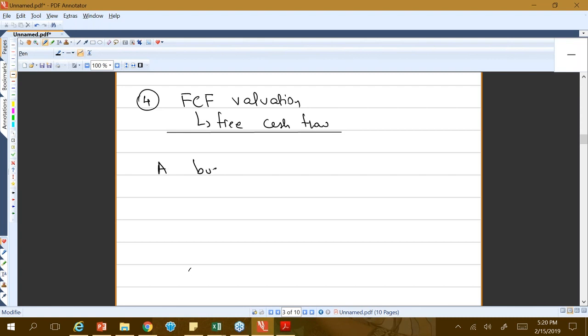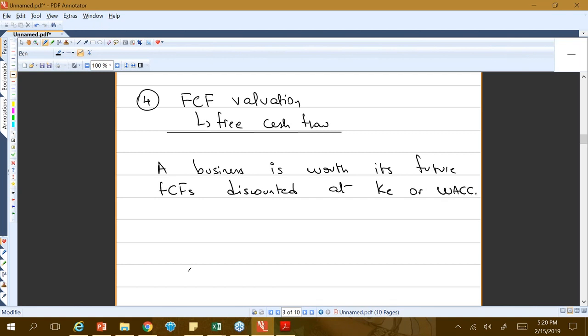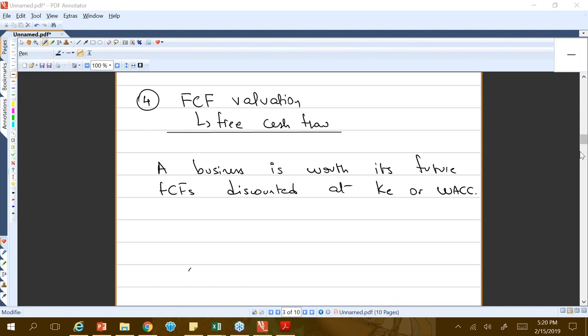A business is worth its future free cash flows discounted at KE or the WACC.